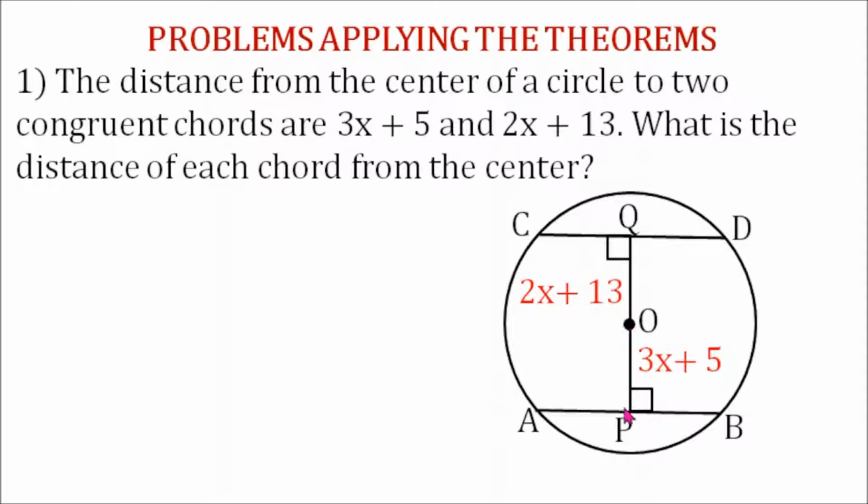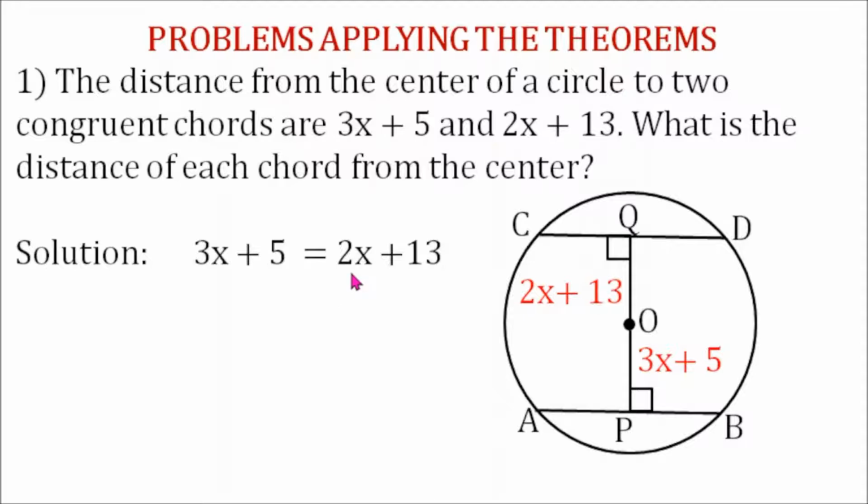Since OP equals OQ, we can equate these 2 expressions. So we have 3x plus 5 equals 2x plus 13. Now, in order for this 5 to join the constant on the other side, we are going to subtract 5 from both sides.